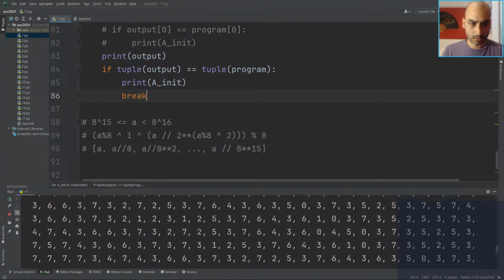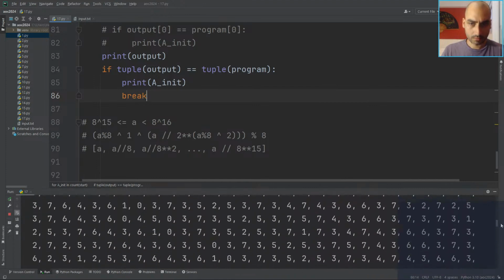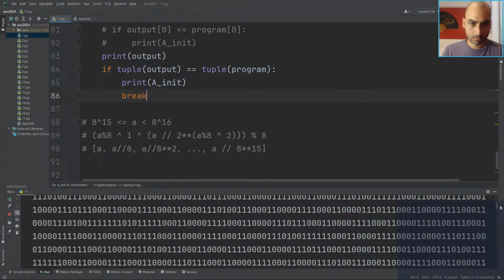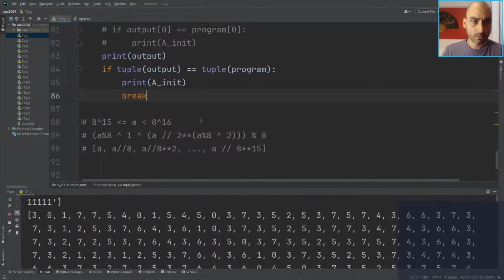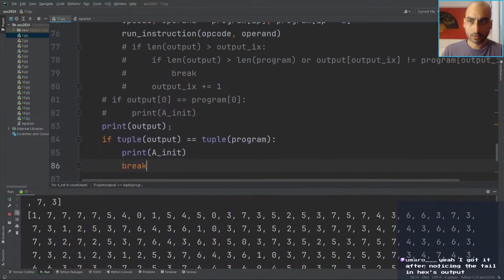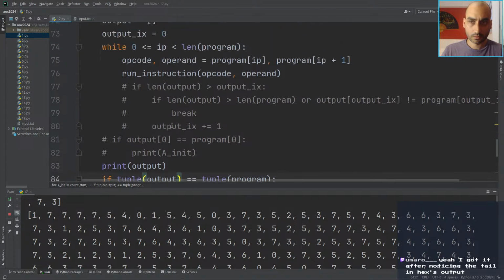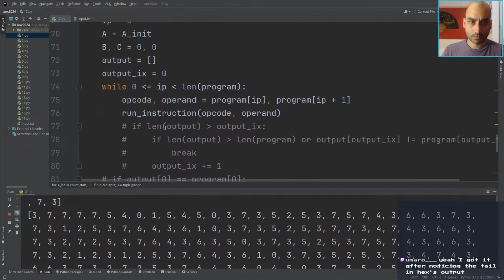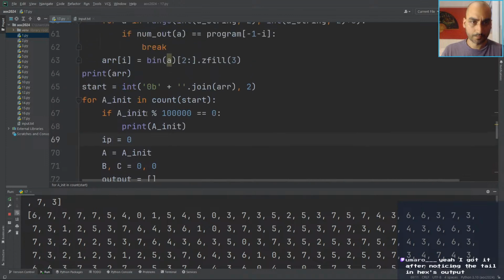What's this? What is this? What am I printing now?